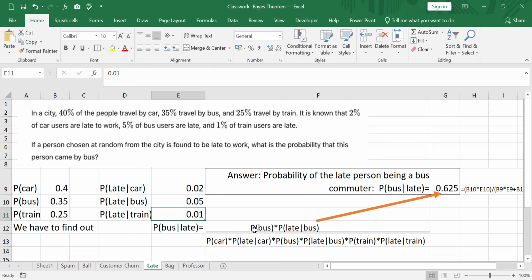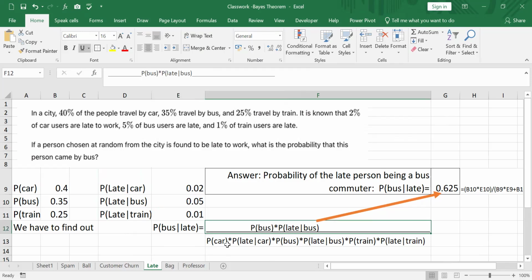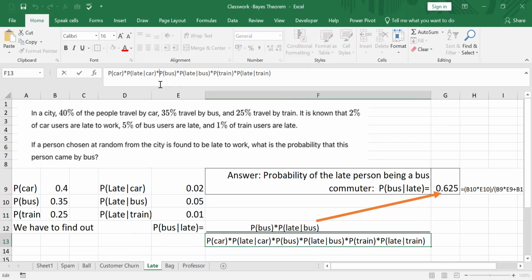So first, repeat this P of bus only here, and the second one multiplied by P of late given bus, divided by, repeat this here, P bus, P late given bus, and then replace two more times. I made a mistake here, this is a plus sign here.